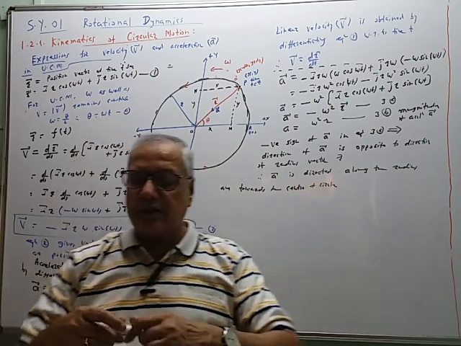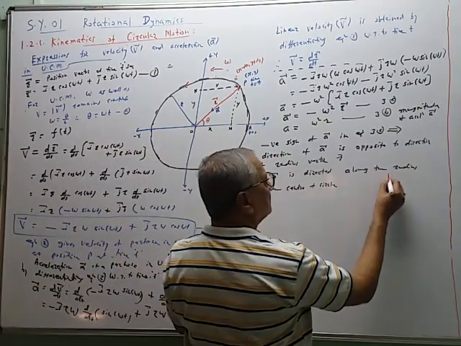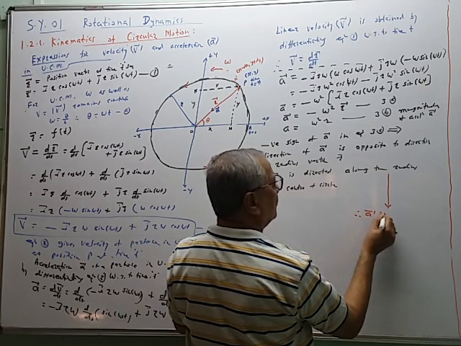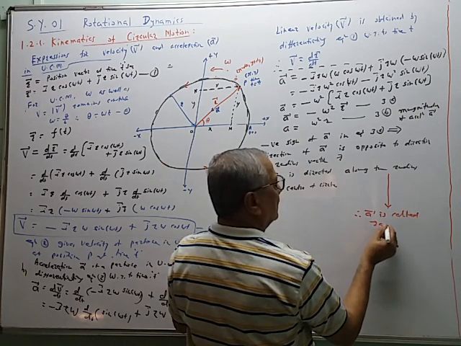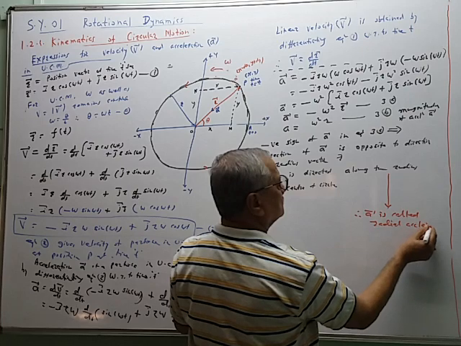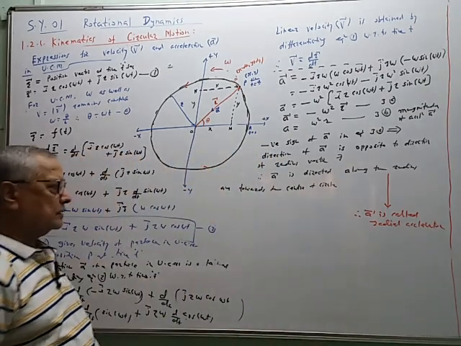So it is along the radius, therefore A is called a radial acceleration.